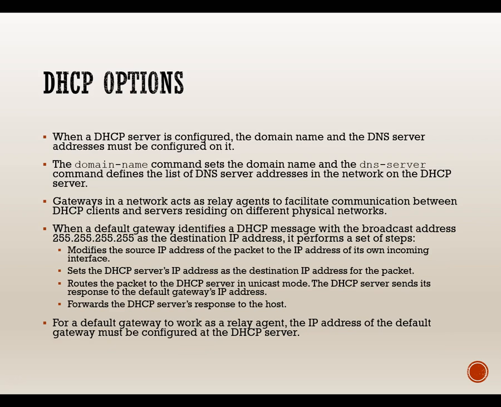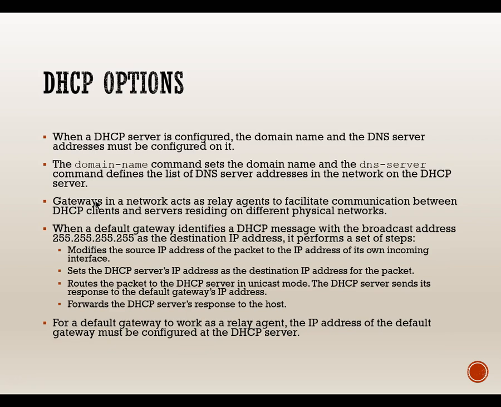Default gateways act as relay agents to facilitate communication between clients and servers residing in different physical networks. The default gateway is the router that gets you off of your network. It identifies a DHCP message with a broadcast address as a destination IP address.